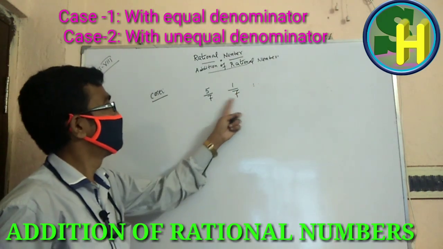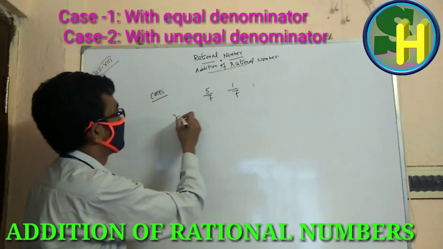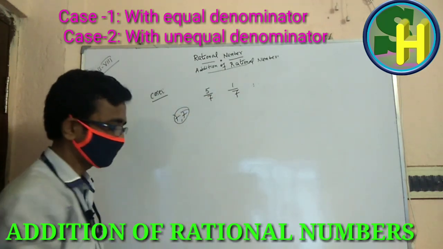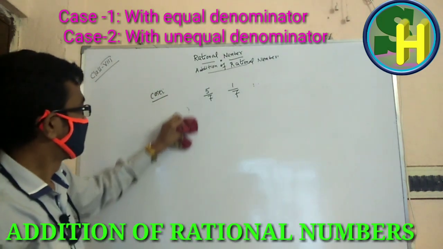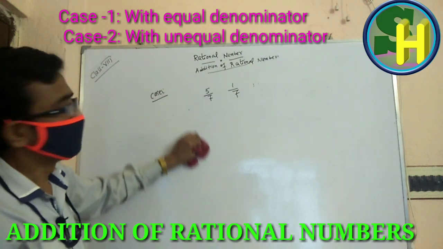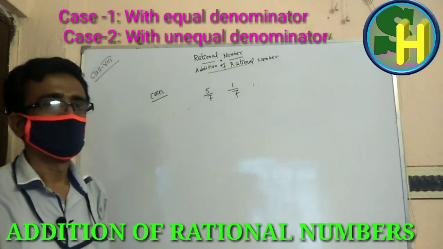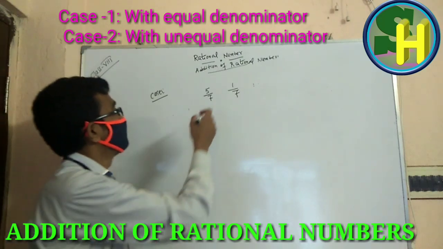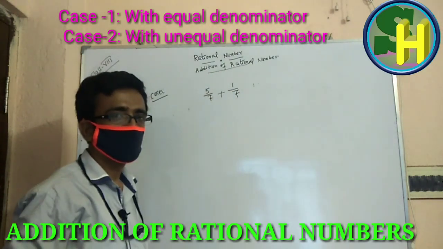Both have the same denominator, here 7 and here also 7. In this example, you can add both numbers having the same denominator. So give the plus sign because I am going to add it.